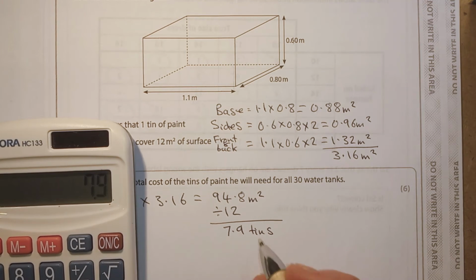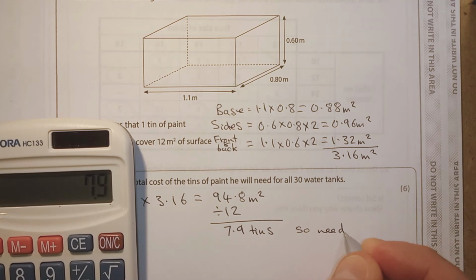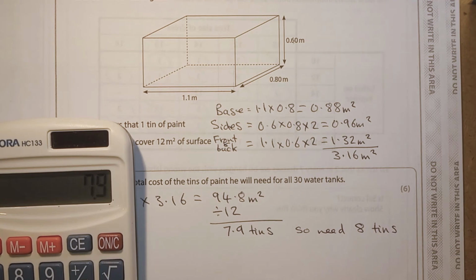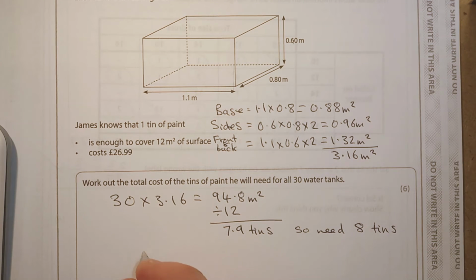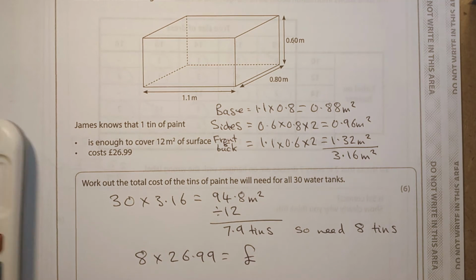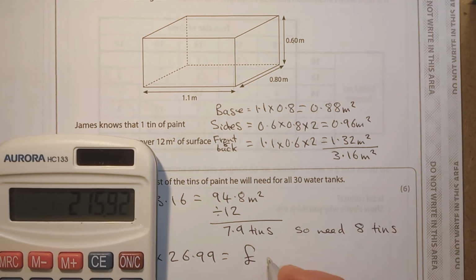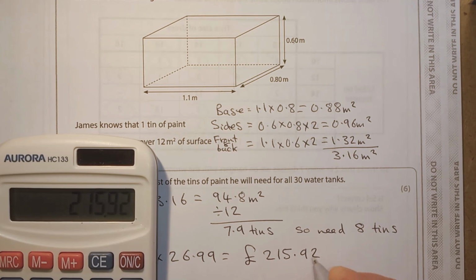Well, it's unlikely that they will sell you 0.9 of a tin, so we're going to need to buy 8 tins. So we want 8 tins at £26.99 each. And that's going to cost us £215.92.